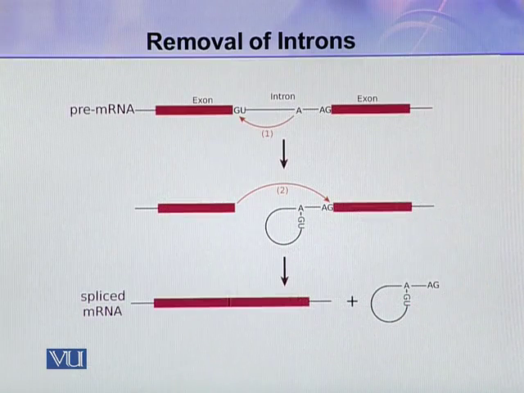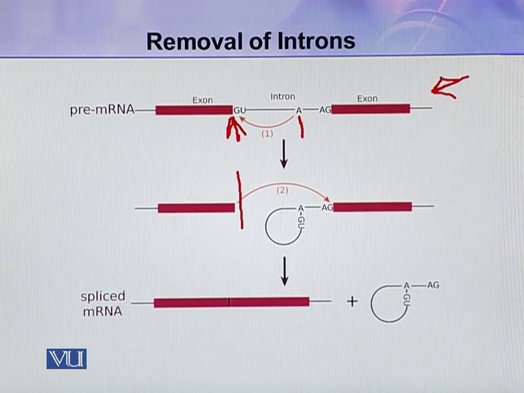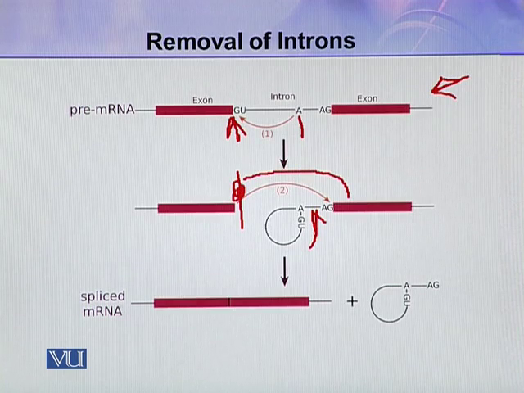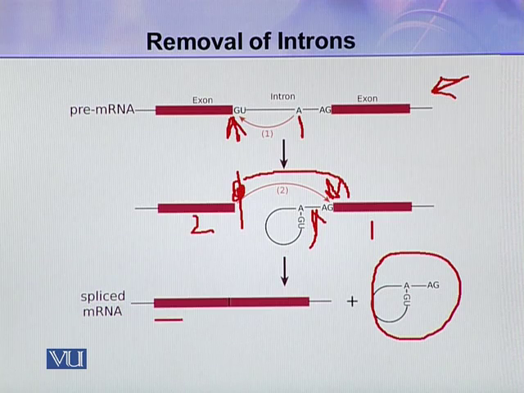So in this figure you can see pre-mRNA, and this is A in the branch point, and this A attacks the G here, and after this attack the G from here is broken off, and this G then binds with this A. And in the second transesterification reaction, this group at the 5' splice site attacks the G at the 3' splice site, and in this way the intron is broken and gets separated, and these two exons, 1 and 2, are then joined.